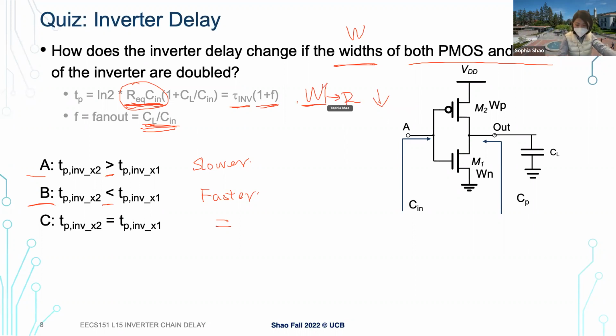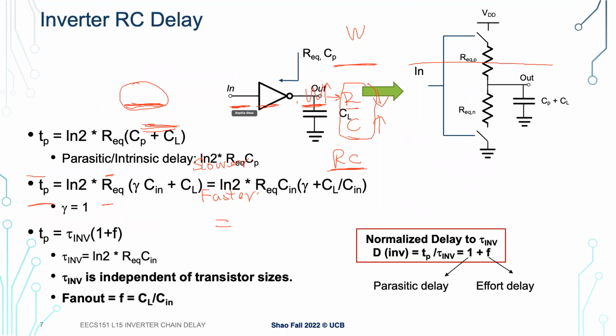You have a bigger W. Our capacitance goes up, because our plate is bigger. So when we're changing the width here, the resistance and the capacitance each change, but as a multiplied result, the RC constant is fixed. It's independent of the size. So that's why we say this tau parameter is independent of the transistor size.